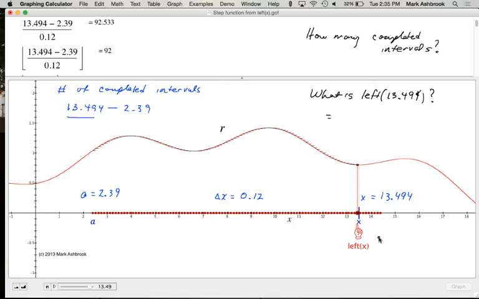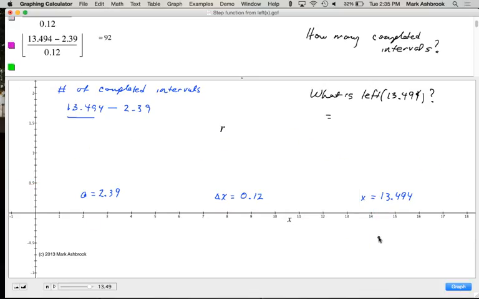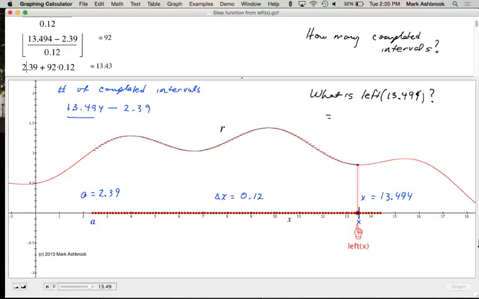So it's going to be a, which is what? 2.39, thank you, plus 92 times 0.12. And it says 13.43. So our x value was 13.49. Does it make sense that left x would be 13.43? Yeah, because the intervals are so small now that it's very little distance back to the left side of the current interval.